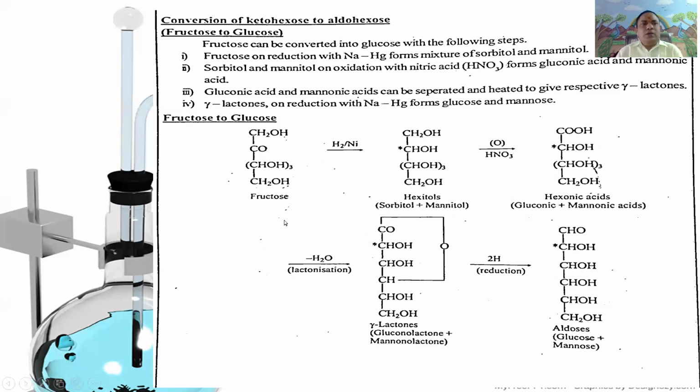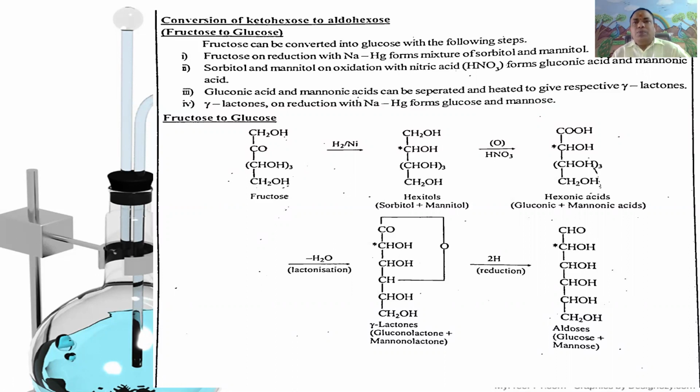Here the conversion of fructose to glucose takes place by a four-step reaction. First step is fructose undergoes reduction with nickel, platinum or palladium to give an epimeric mixture of sorbitol and mannitol. In the second step, this sorbitol or mannitol undergoes oxidation with concentrated nitric acid to give gluconic acid or mannoic acid.